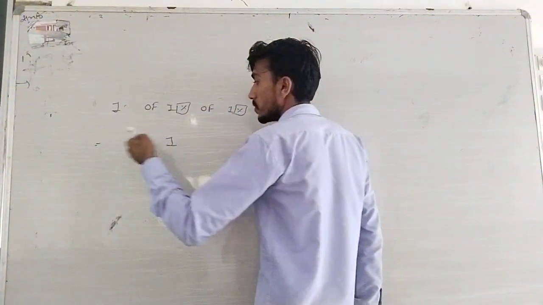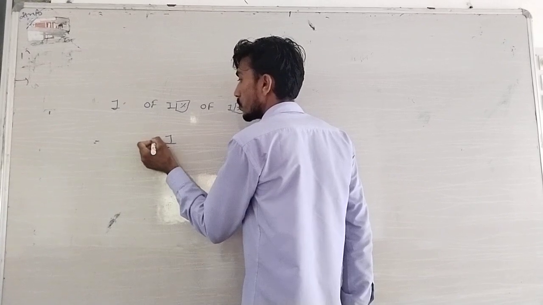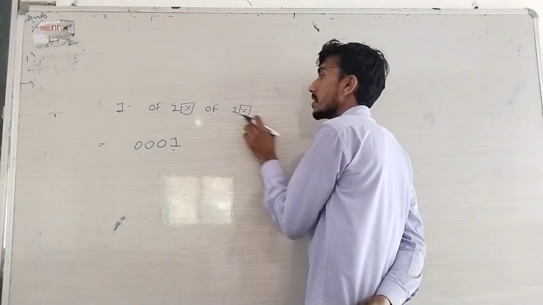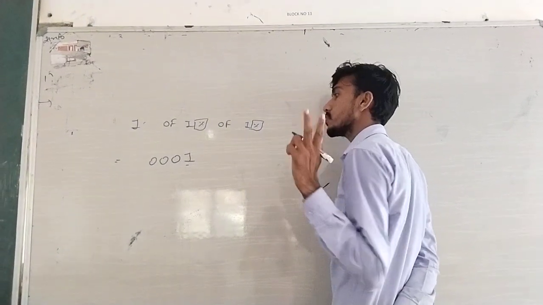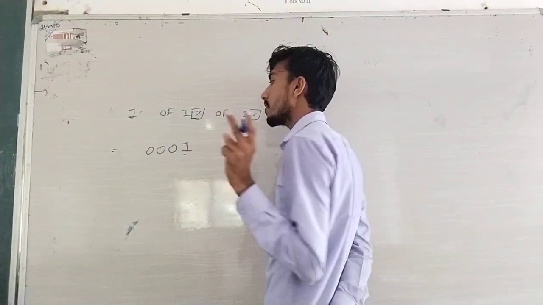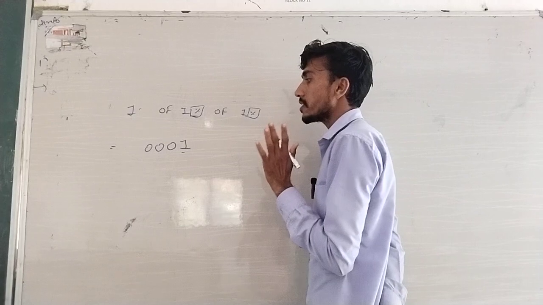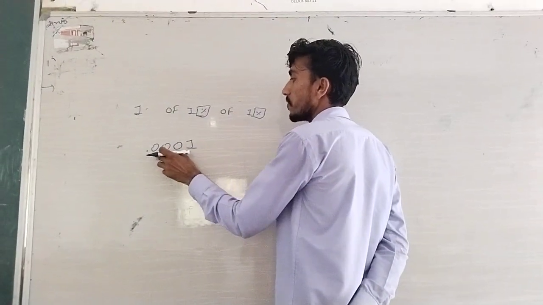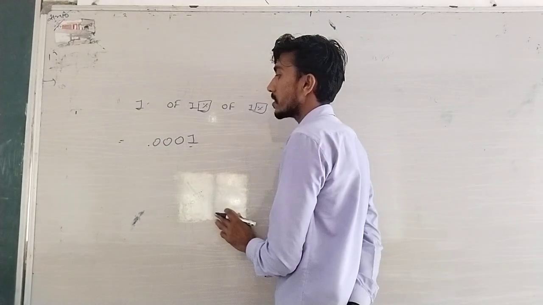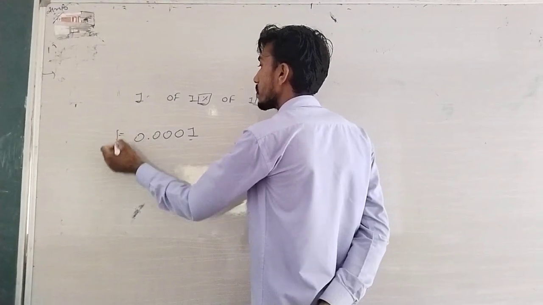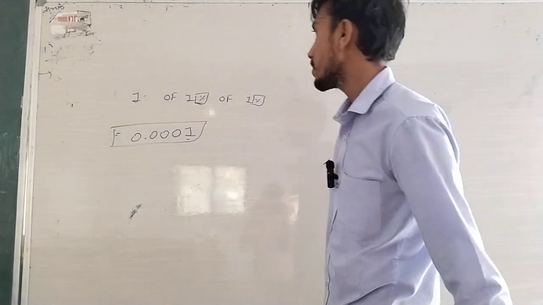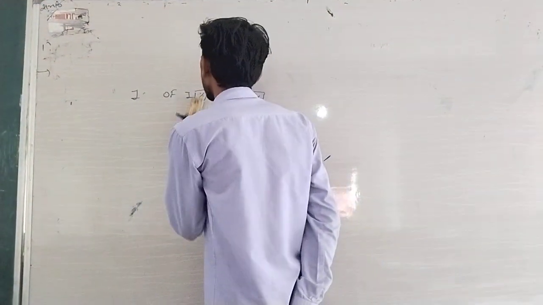So I go this way, 1, 2, 3 and 4, because there are two zeros in this percentage and two zeros in this percentage. So I write 4. Okay, you can see 1, 2, 3 and 4. So I put the point in this place. So my answer is 0.0001.